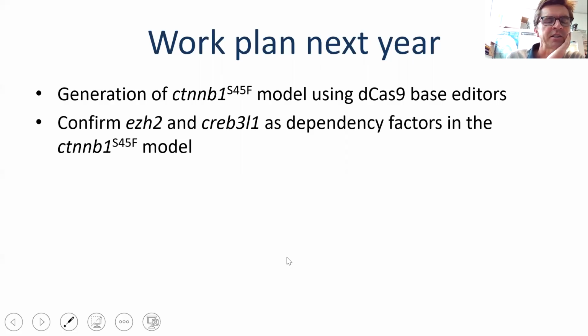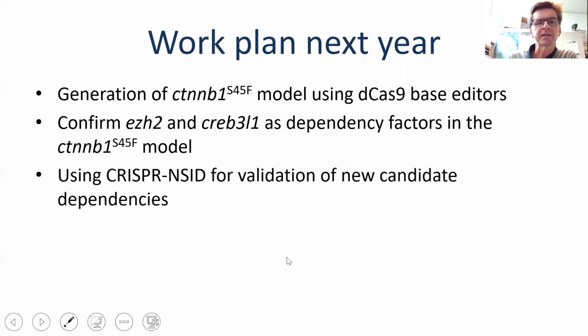In addition to that, we want to apply the CRISPR negative selection screen approach that I showed before for the identification of EZH2 and CREB3L1 to also look for new candidate dependency genes. And we hope to obtain these candidates from the in vitro screen performed at the Broad Institute, from which you heard from Jesse Dunn.